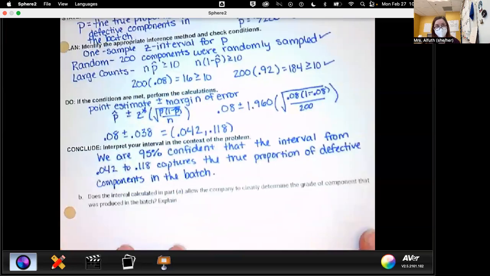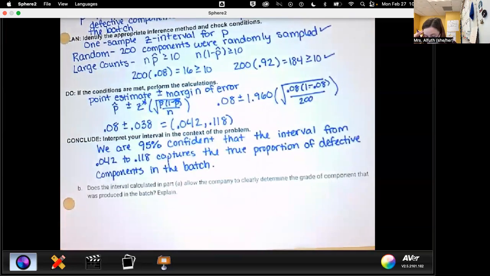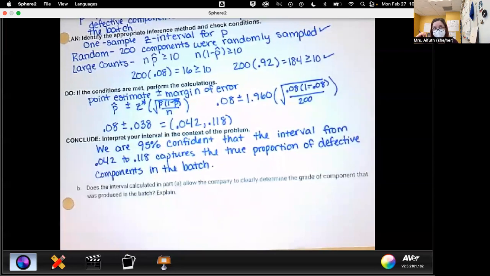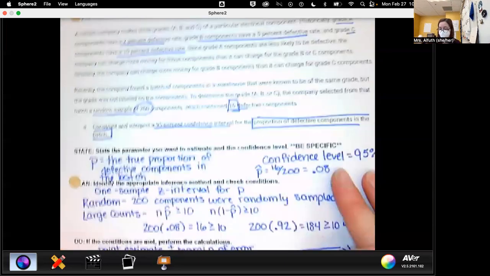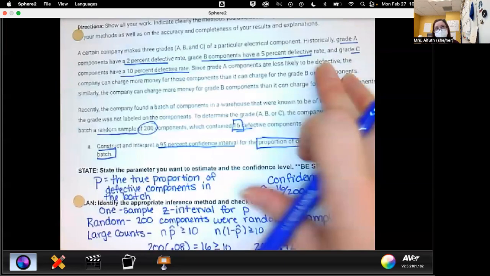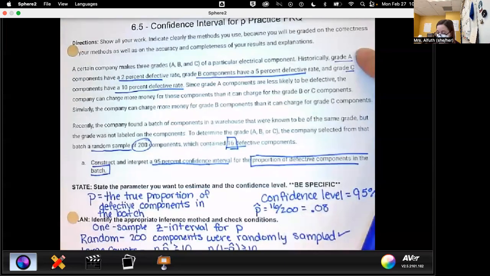Part B then asks, does the interval calculated in part A allow the company to clearly determine the grade of component that was produced in the batch? Explain. So if we go back to the top, what we have up here is coming from that original information.